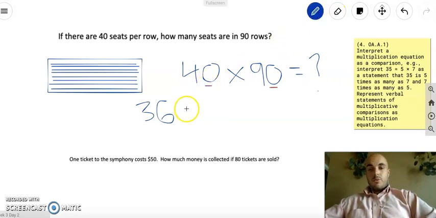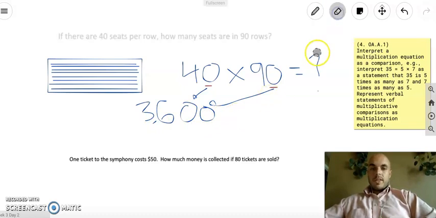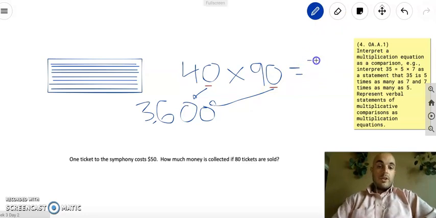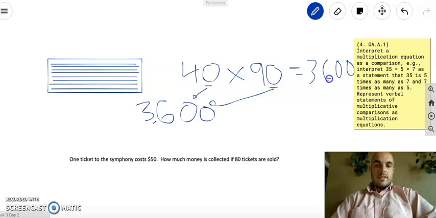So we're going to put one of those zeros here, and that other zero here. 1, 2, 3, comma. So 40 times 90, well, what does that equal? Very clearly, it equals 3,600. Let's make this 6 a little neater.